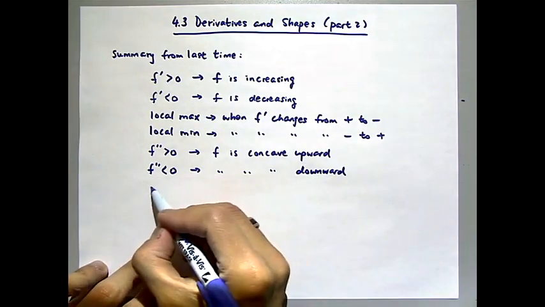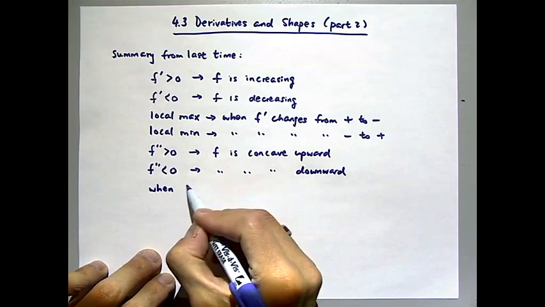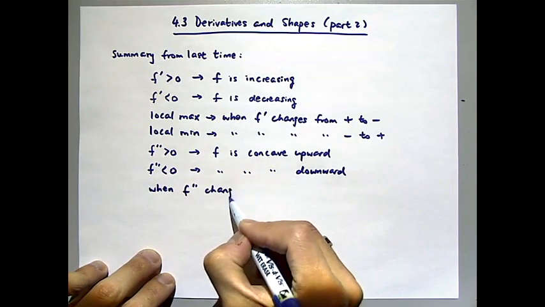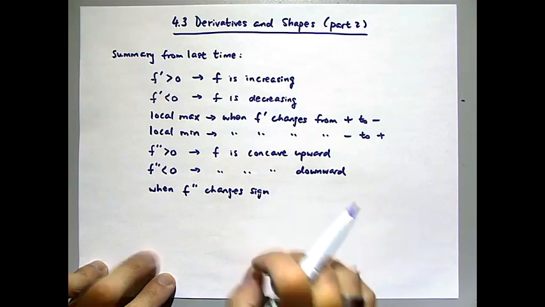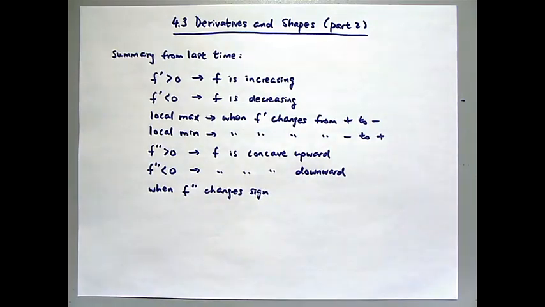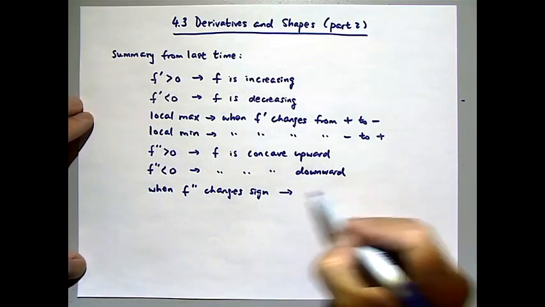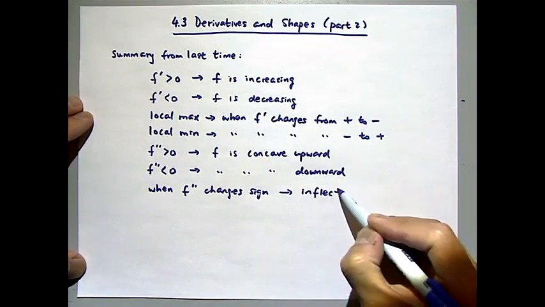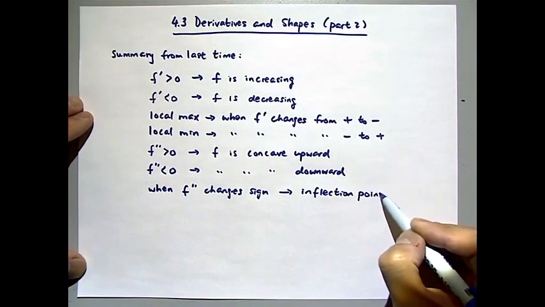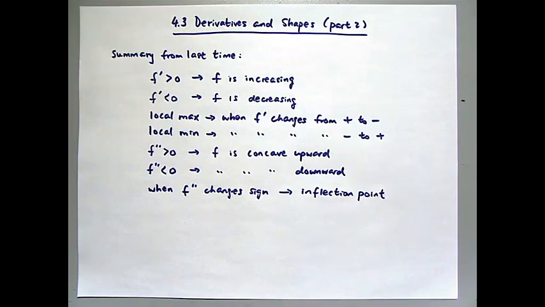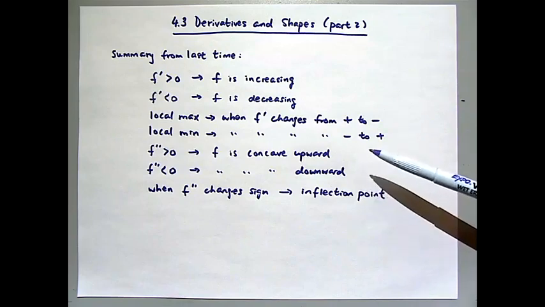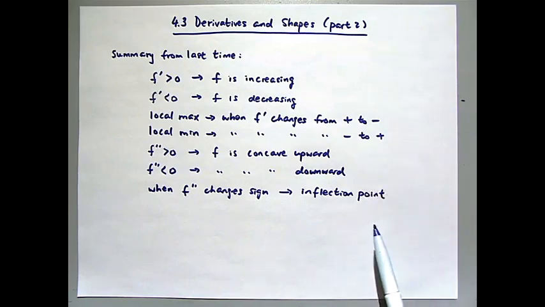And finally, if f double prime changes sign at some point, plus to minus or negative to positive, doesn't matter, then we have what's called an inflection point. Okay, so all of this stuff is what we saw last time. We look at increasing, decreasing, local max and min, the shapes of the graph based on the second derivative, and the inflection point.